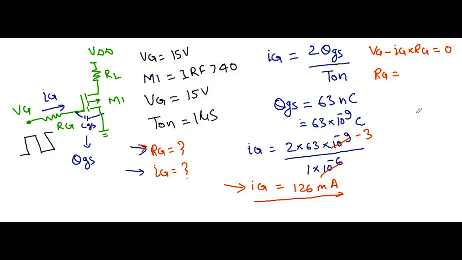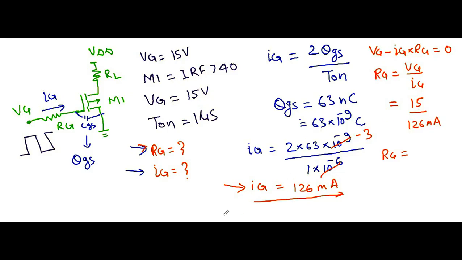RG equals VG divided by IG, and your VG is 15 volt and your IG is 126 milliampere, and you can get the RG value.